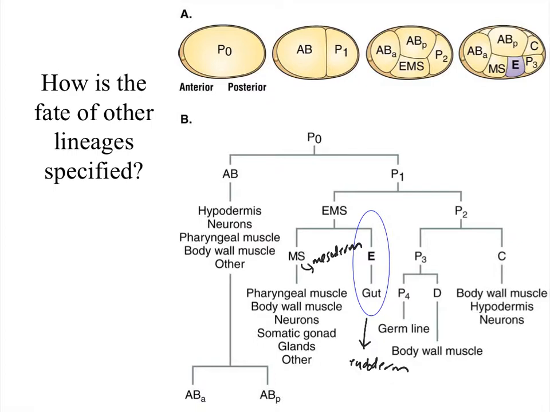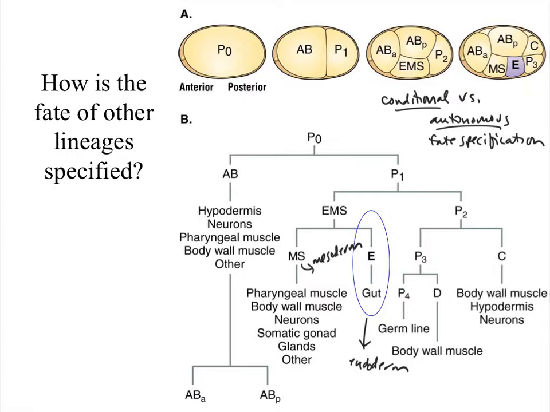I want to remind you a little bit about how we talked about different fate specification systems back in one of the early lectures. I think it was lecture 2. We talked specifically about conditional versus autonomous fate specification. Take a minute to review that now. Pause the video if you like. Can you remember, or can you find out, which of those has to do with cell-cell interactions and cells signaling to each other?